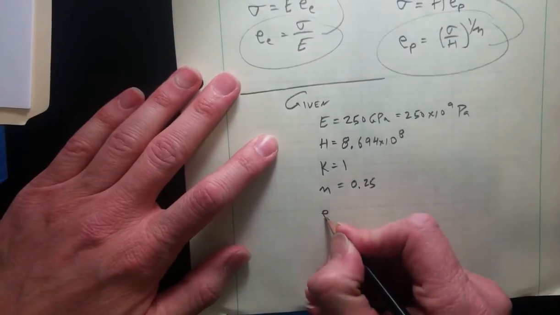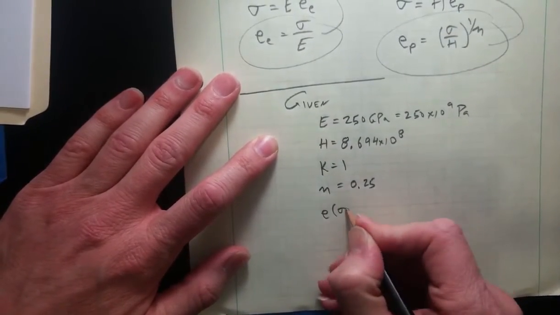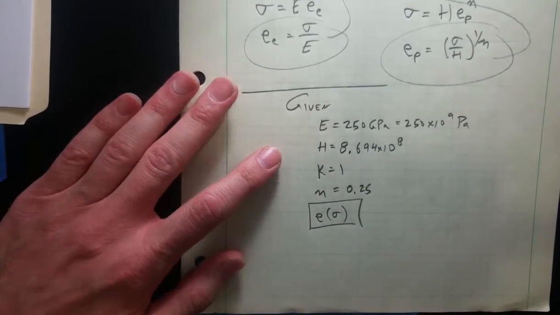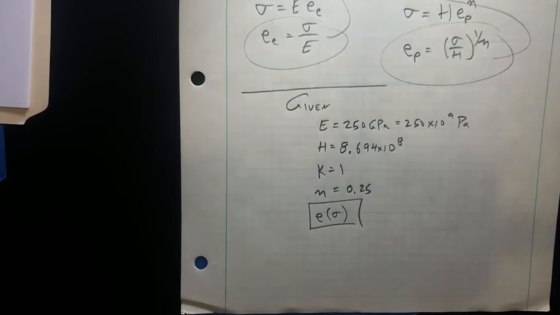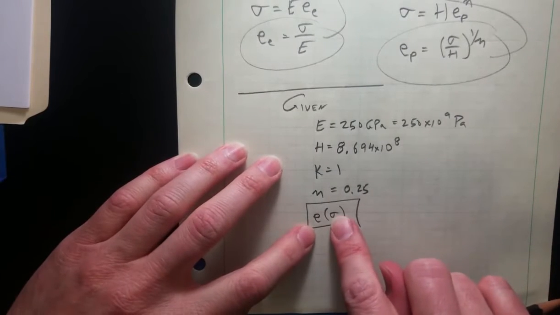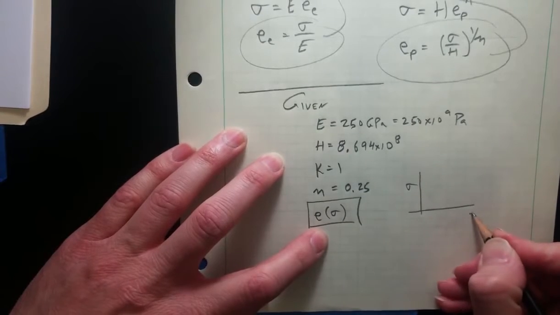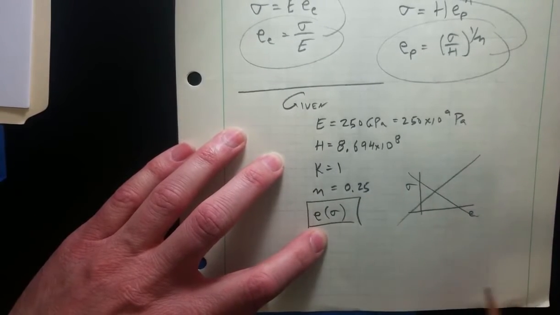So now we have epsilon as a function of sigma. Now the challenge here is, of course, we have epsilon as a function of sigma, not sigma as a function of epsilon, right?